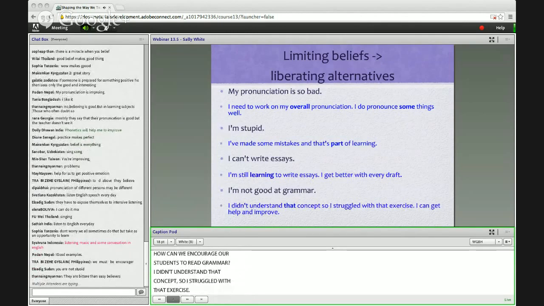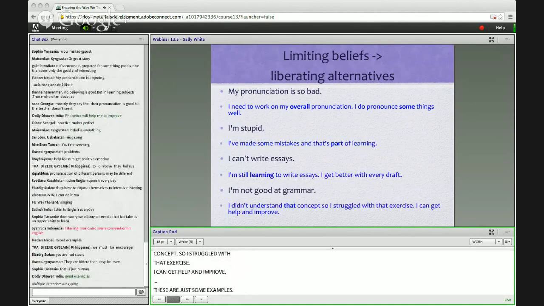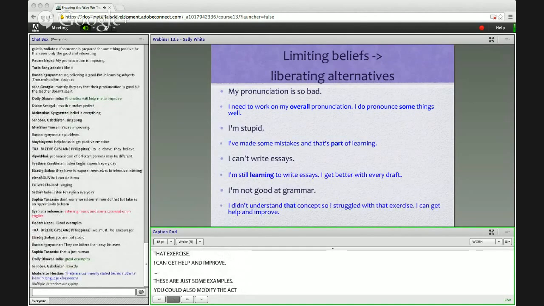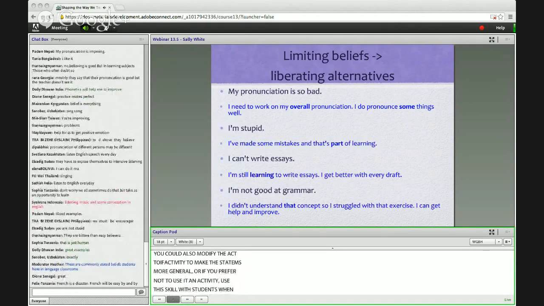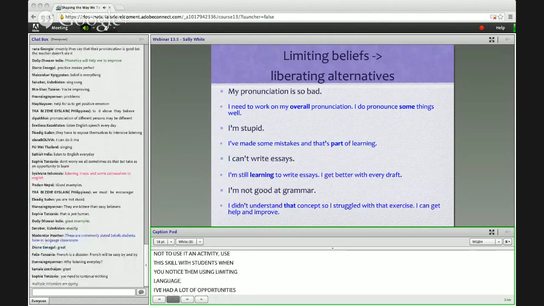You could also modify this activity to make the statements more general, or if you prefer not to use this as an activity, just use this skill individually with students when you notice them using limiting language. I've had a lot of opportunities to help students liberate themselves from limiting beliefs. And since I want my students to have as much success as they possibly can, I do guide them to reframe.